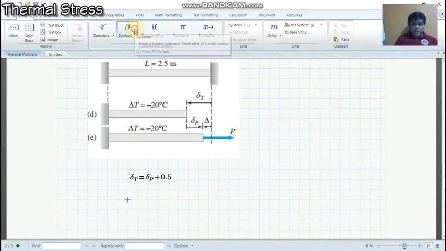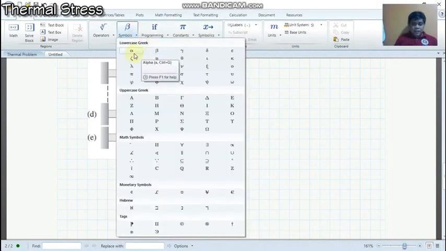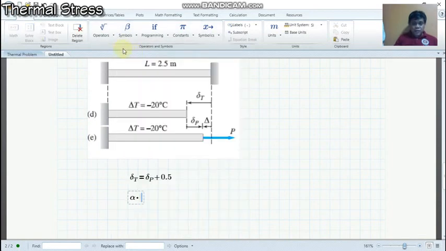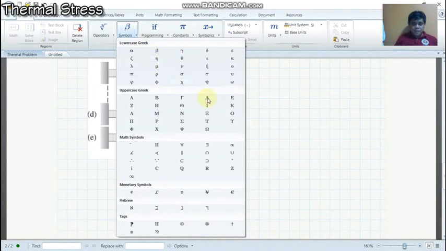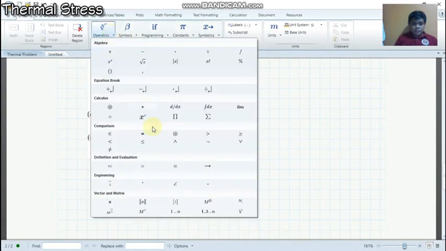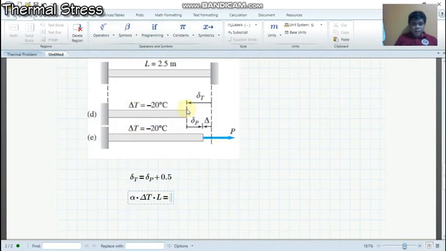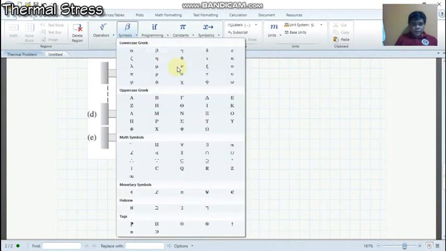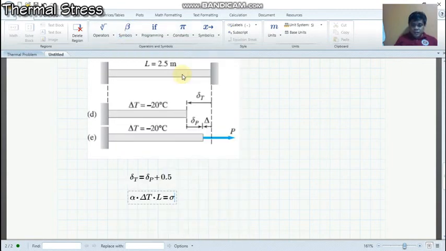So delta T is given by the coefficient of thermal expansion times delta T times the length, equals the stress times the length divided by E, plus 0.5.